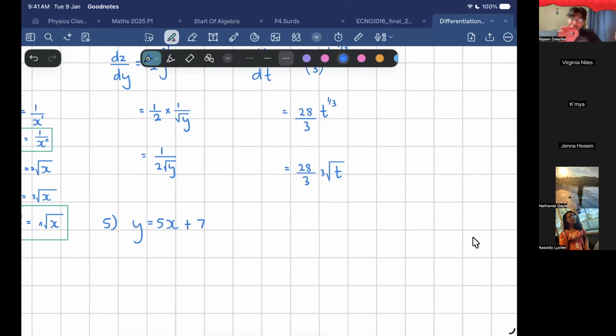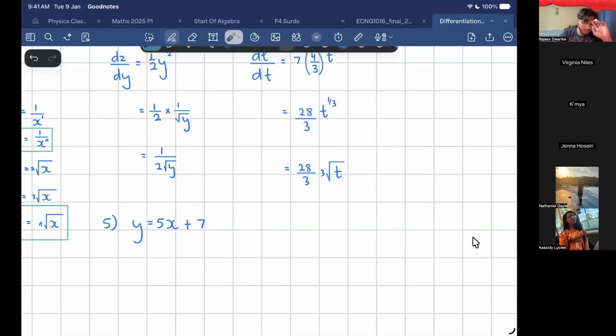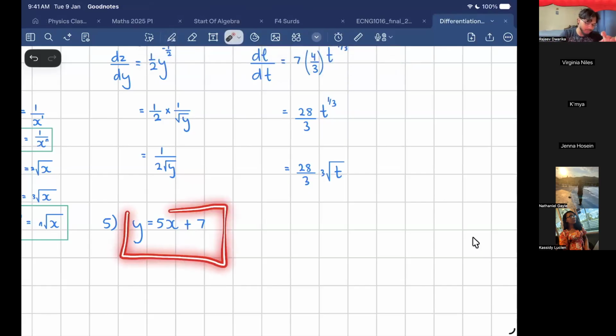Remind me, dy dx, or the first derivative, really tells us what for the function? The gradient function. Now, Nathaniel, this is the equation of our what? Of a line.